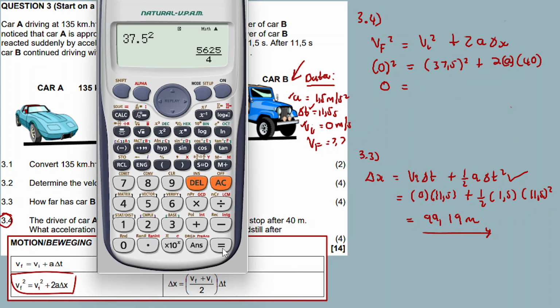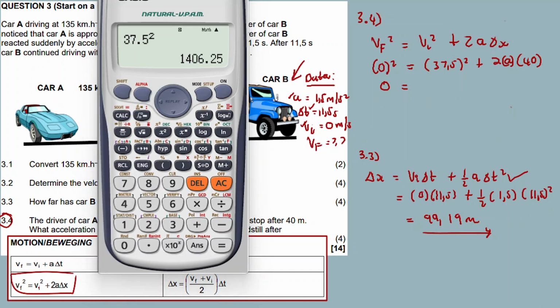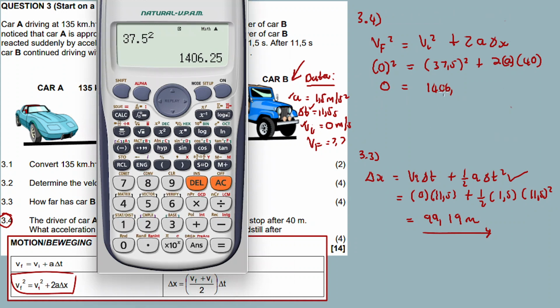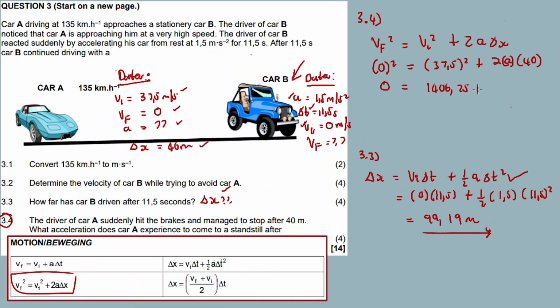37.5 squared, the answer is 1406.25, plus 2a times 40, which is 80a. Transposing, 1406.25 equals 80a.